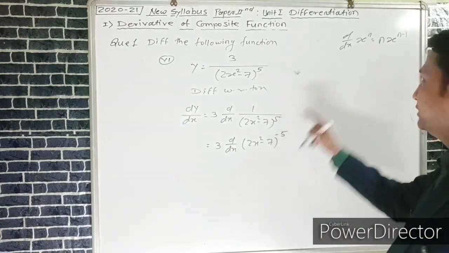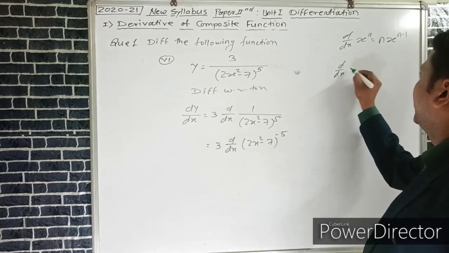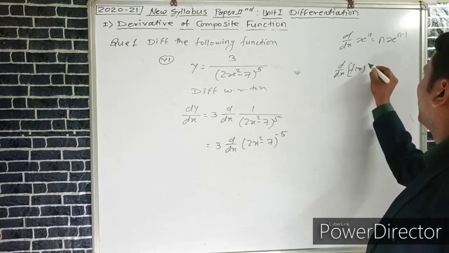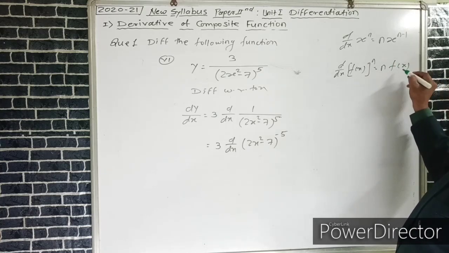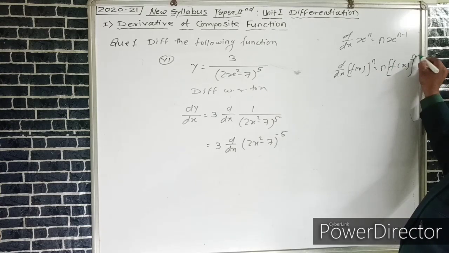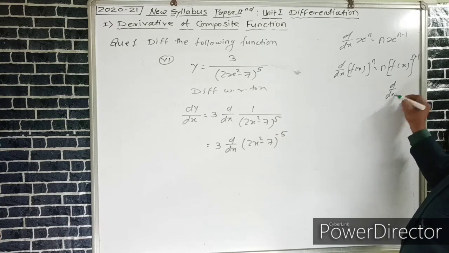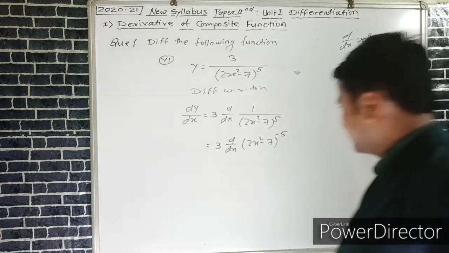If the given function is in composite form, then the standard derivative of the composite function f of x whole raised to the power n is n into f of x whole raised to the power n minus 1 into the derivative of f of x.